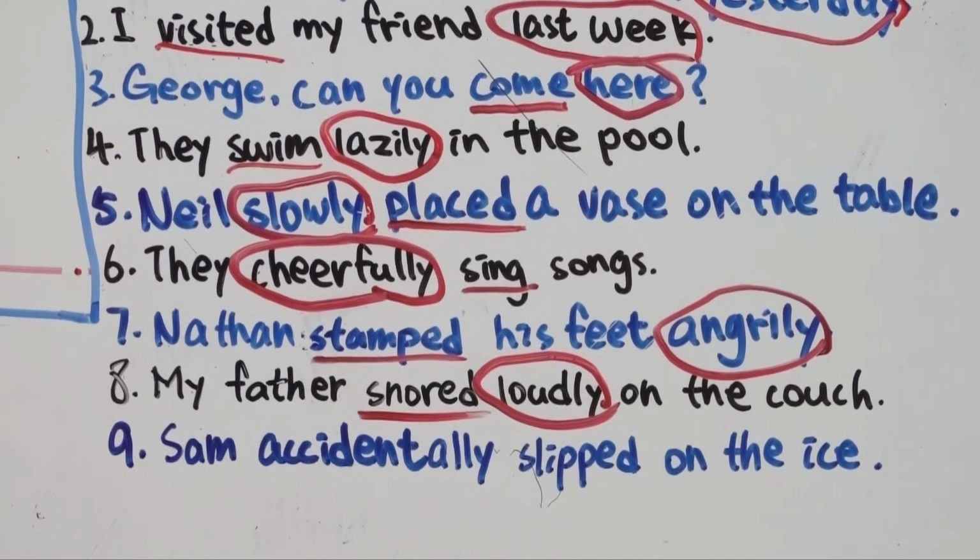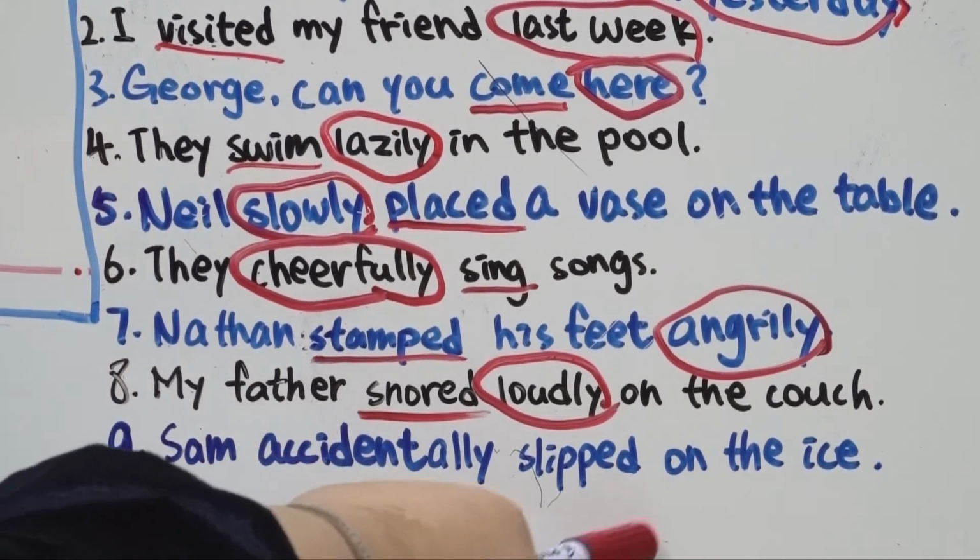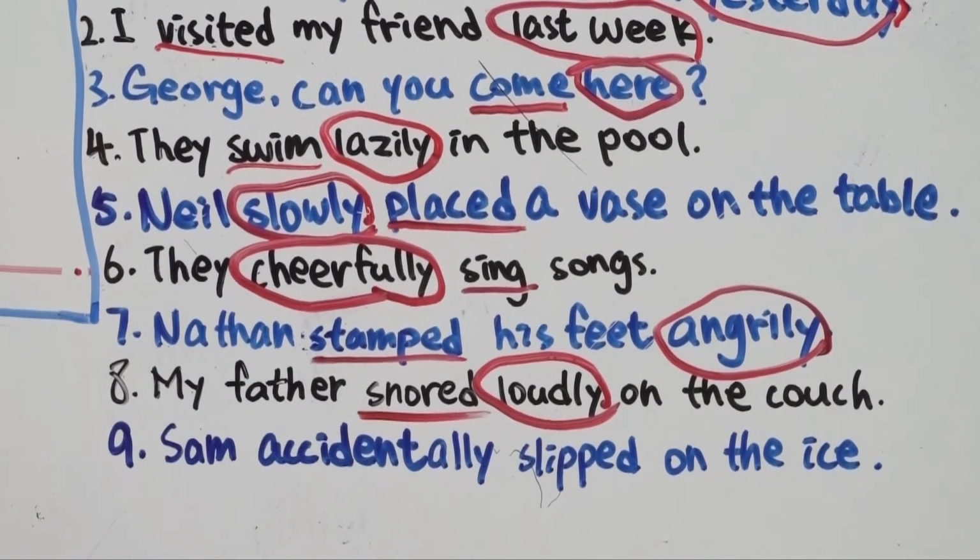Number 9. Sam accidentally slipped on the ice. Which one is the action? You know what slipped is? All of a sudden you fall down, right? That's called slipped. So the action here is slipped.